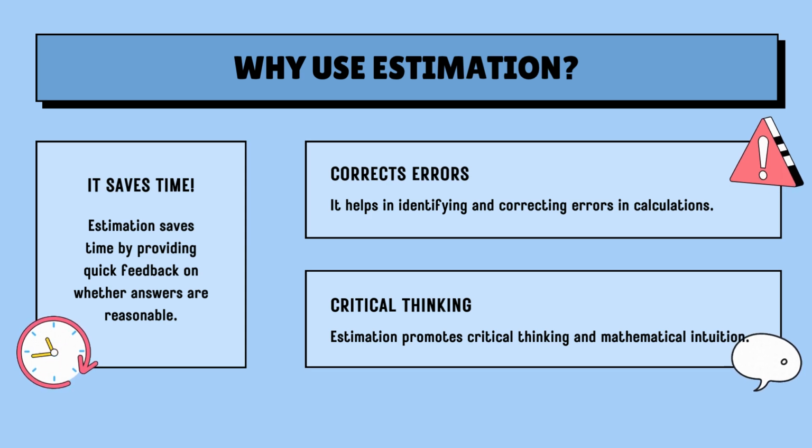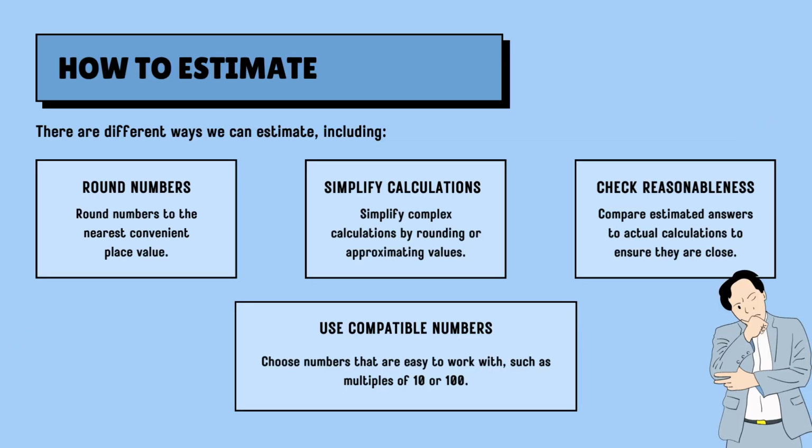Estimation prompts critical thinking and mathematical intuition. So basically, by just glancing at all your work, especially if there's not enough time left for you to quickly go through your test again, you can estimate to see if your answers are more or less correct by guessing, estimating.